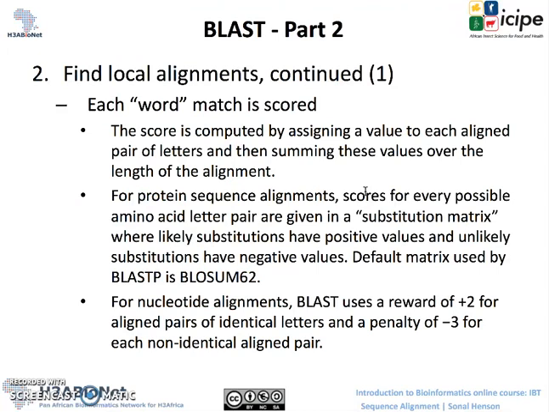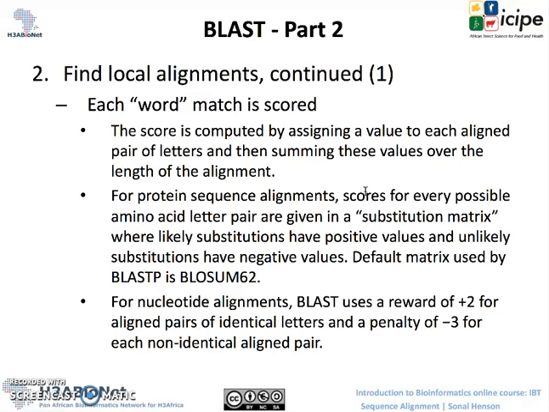After that, each word match is scored. The score is computed by assigning a value to each aligned pair of letters, and then summing these values over the length of the alignment. For protein sequence alignments, scores for every possible amino acid letter pair are given in a substitution matrix, where likely substitutions have positive values and unlikely substitutions have negative values.